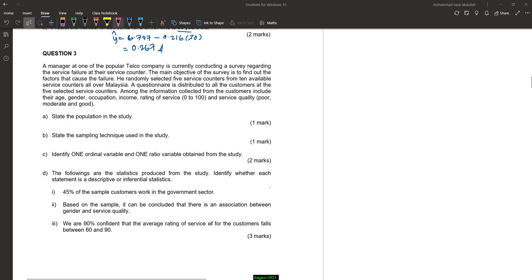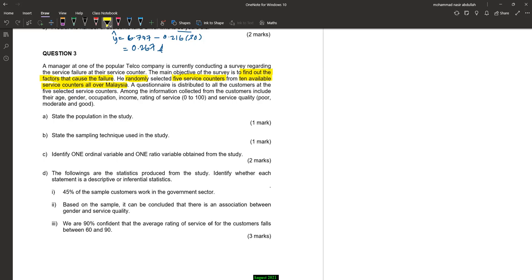He randomly, dia ada sebut randomly, select 5 service counter from 10 available counter all over Malaysia.